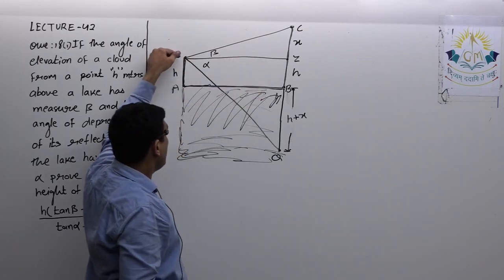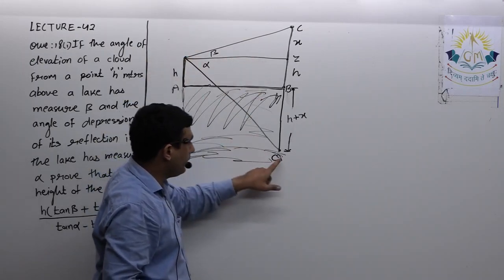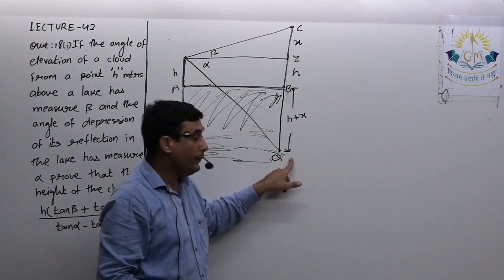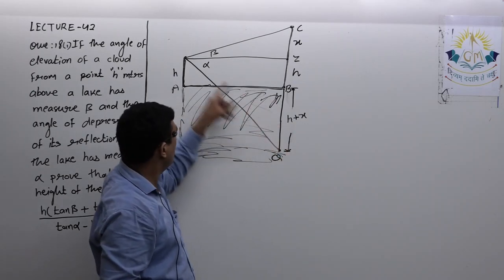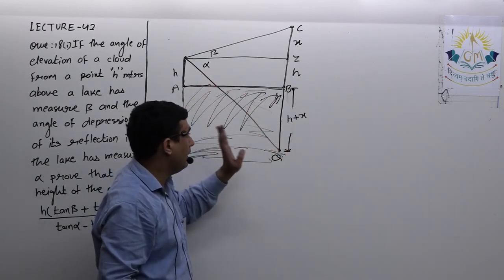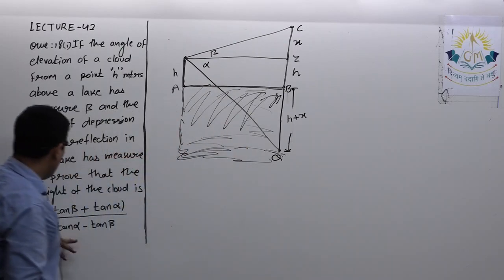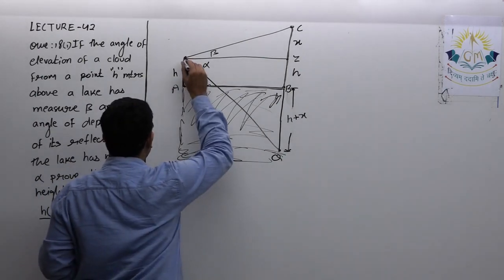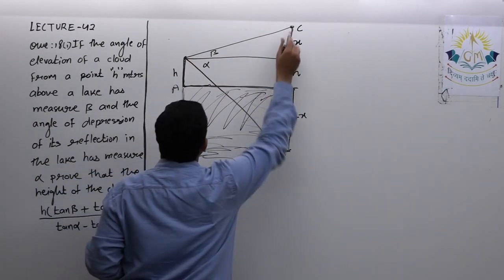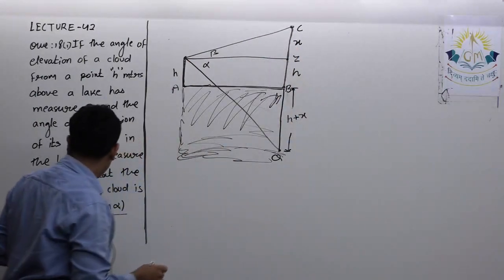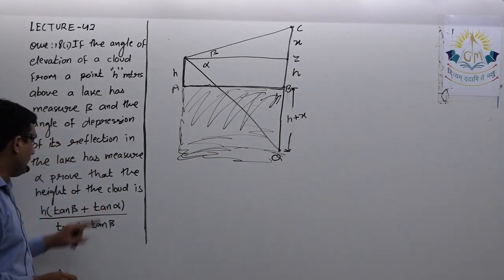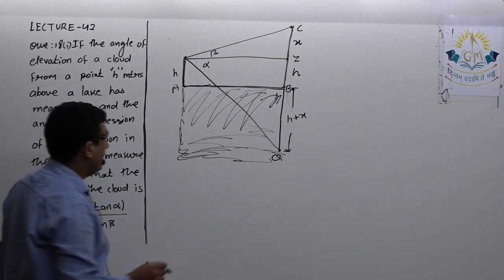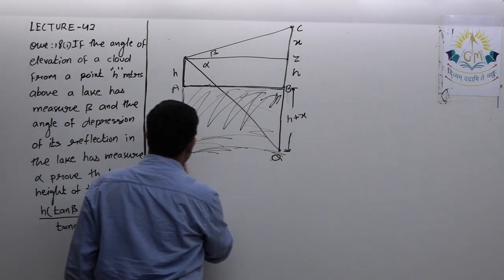From the same point, when the image of the cloud within the lake was observed, the angle was found to be alpha. What we have to prove is that the height of the cloud, that means BC, is equal to h times (tan beta plus tan alpha) upon (tan alpha minus tan beta). So let us start.